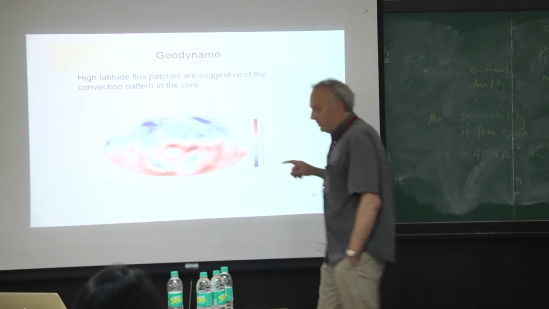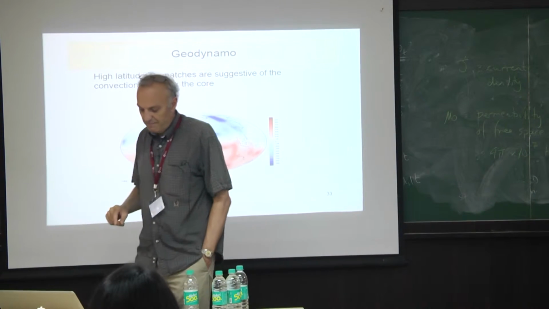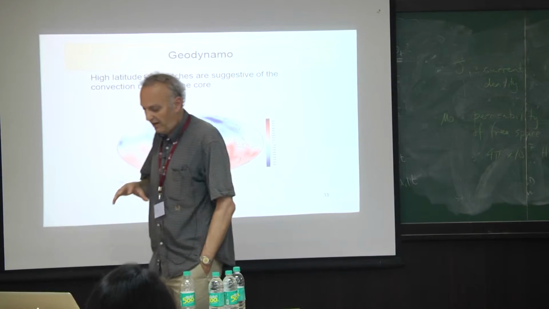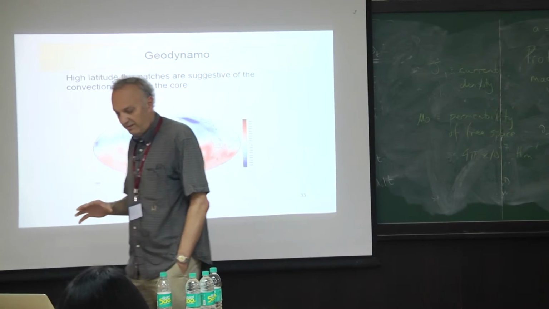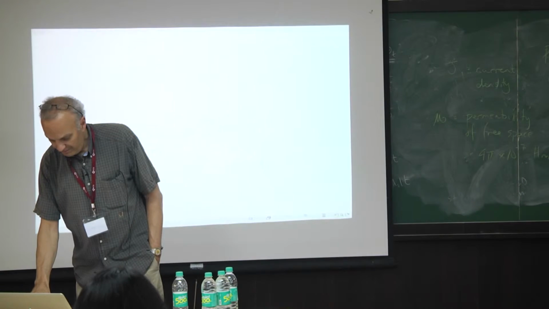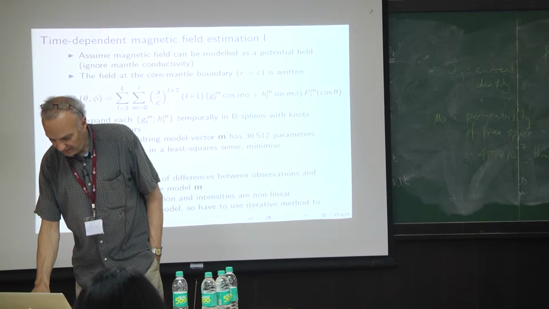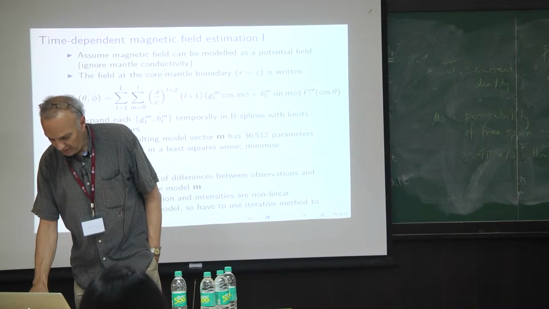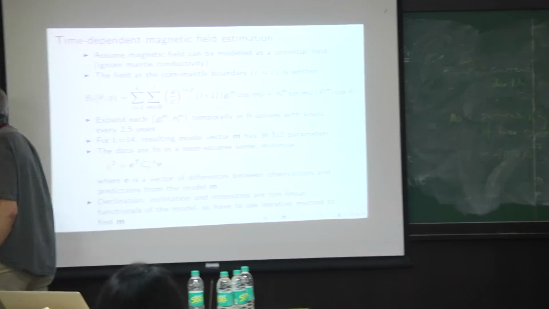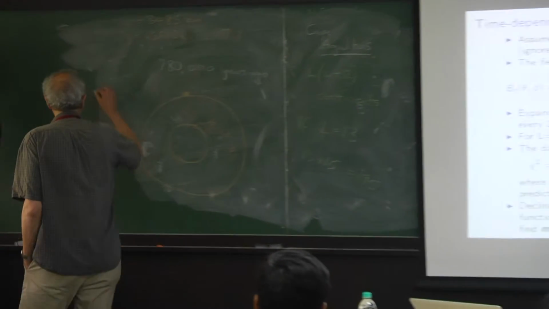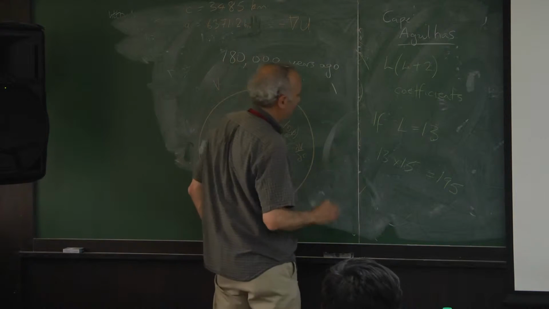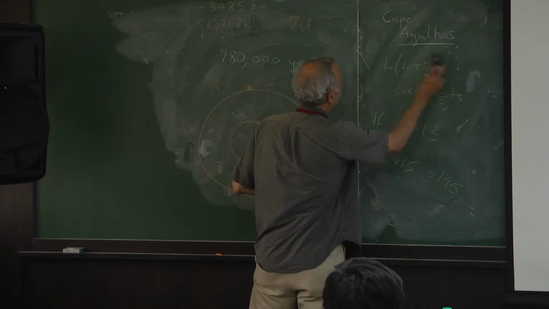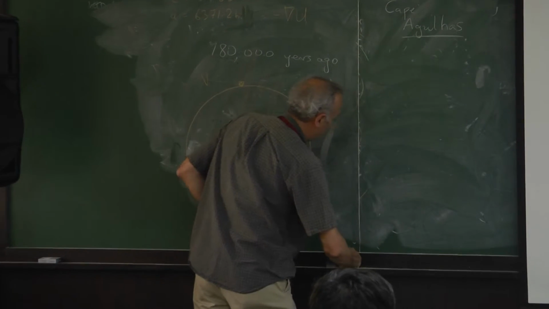Now I'm going to give you some details of what data are available, and how we analyze data for the last 400 years, because my colleagues and I created a model which is called GUFM1, and it's freely available to the community.